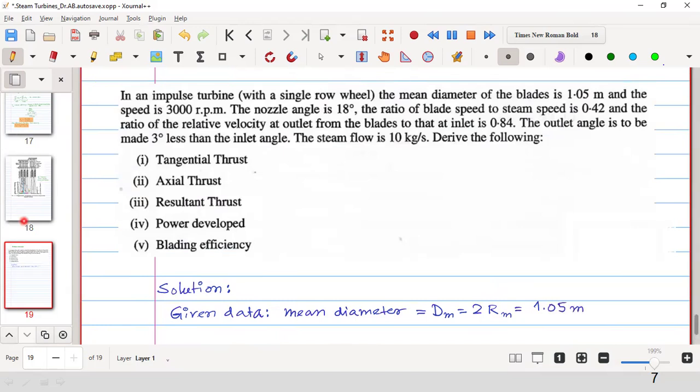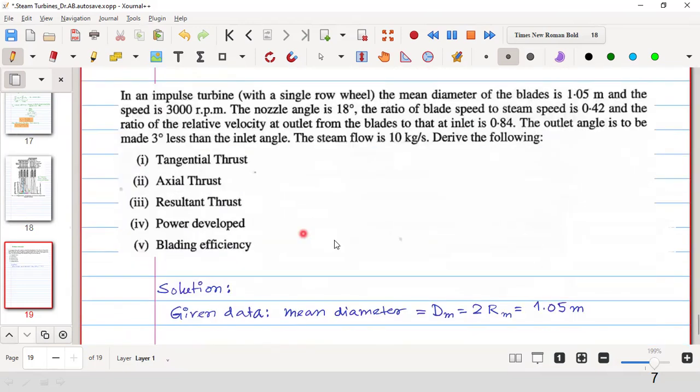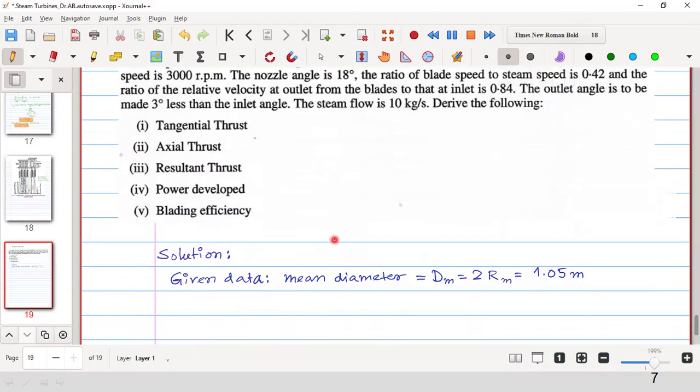Next, what quantity is given? RPM is given. So the rotational speed N is equal to 3000 RPM.